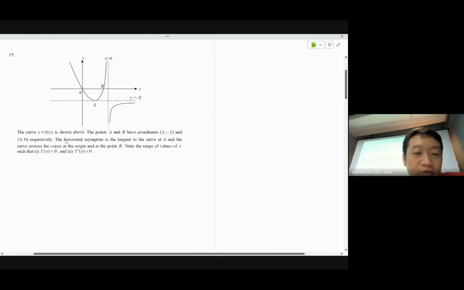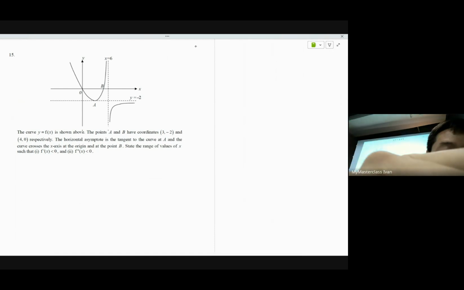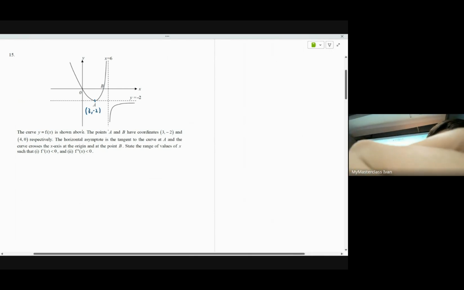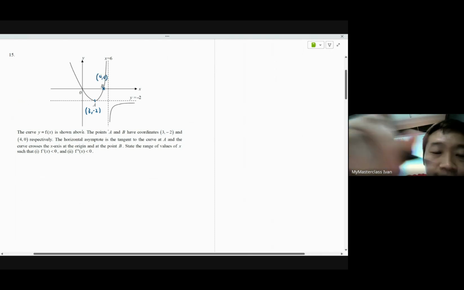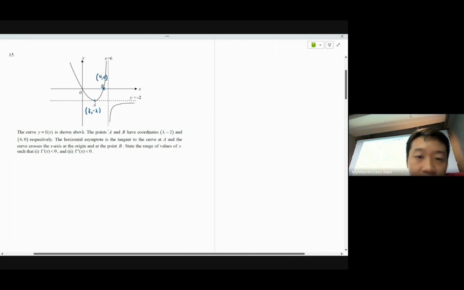Okay, the graph y equals to fx is shown above. A and B has the point, this point is 3, -2. This point here is 4, 0. This point here is 0, 0.